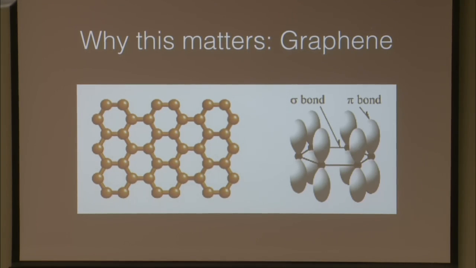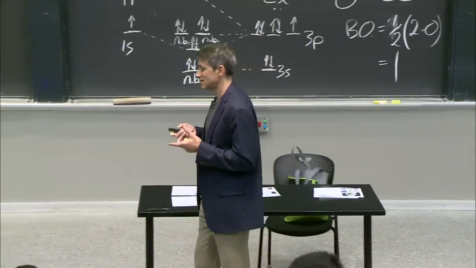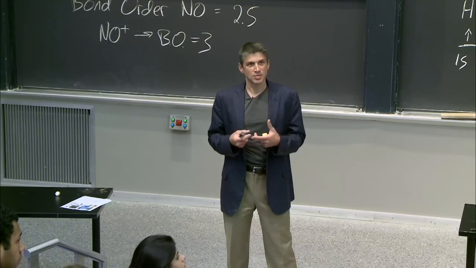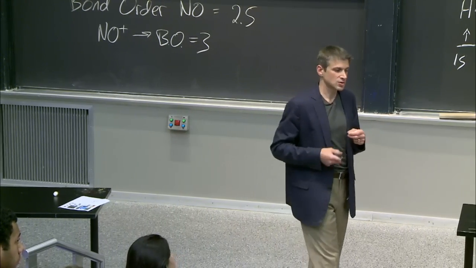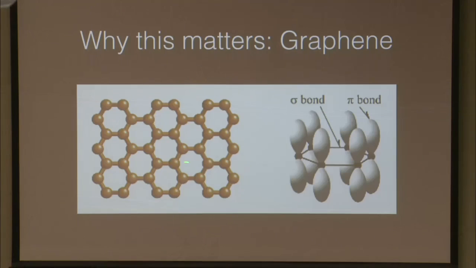Because remember, before I showed you graphene and I showed you benzene, and we talked about it as a Lewis resonance structure, remember? A Lewis resonance structure to help explain how graphene does not have alternating bonds.